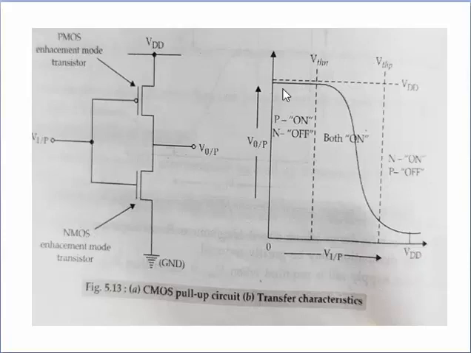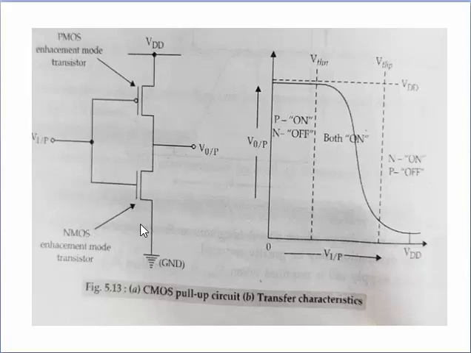Second, in region 2, the voltage at the input has increased to a level which exceeds the threshold voltage of the NMOS transistor. The NMOS transistor conducts, and between source and drain a large voltage is present, so it is in the saturation region.